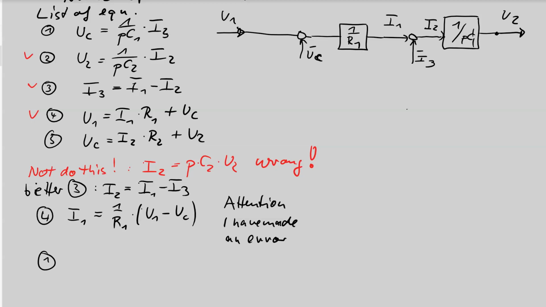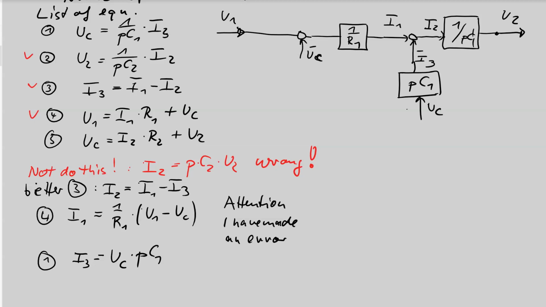There is no other equation which contains I3, so I must use I1 now to produce I3. I3 is UC times PC1. So, sorry, you can see, I also make errors, C1, and the input here is UC.